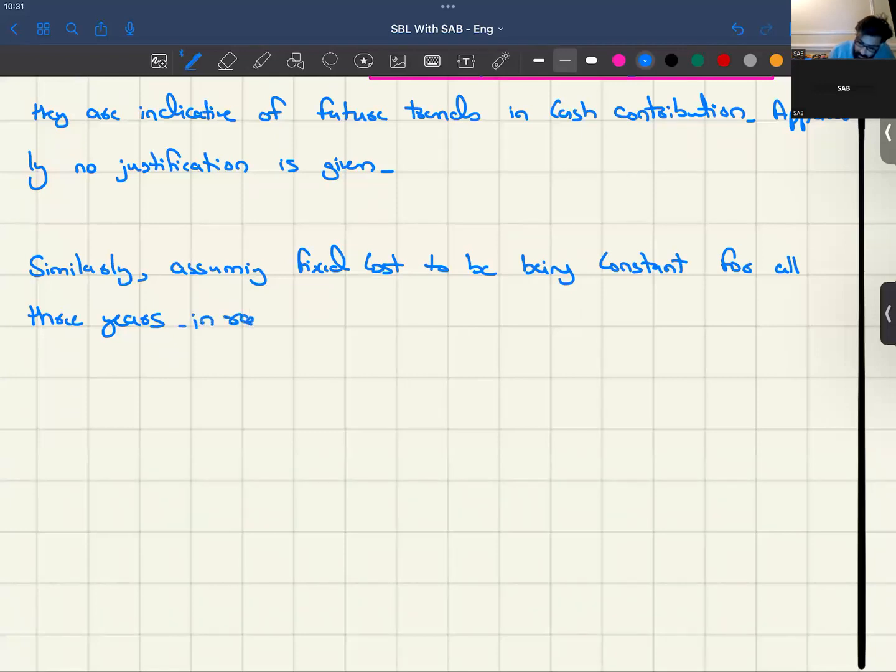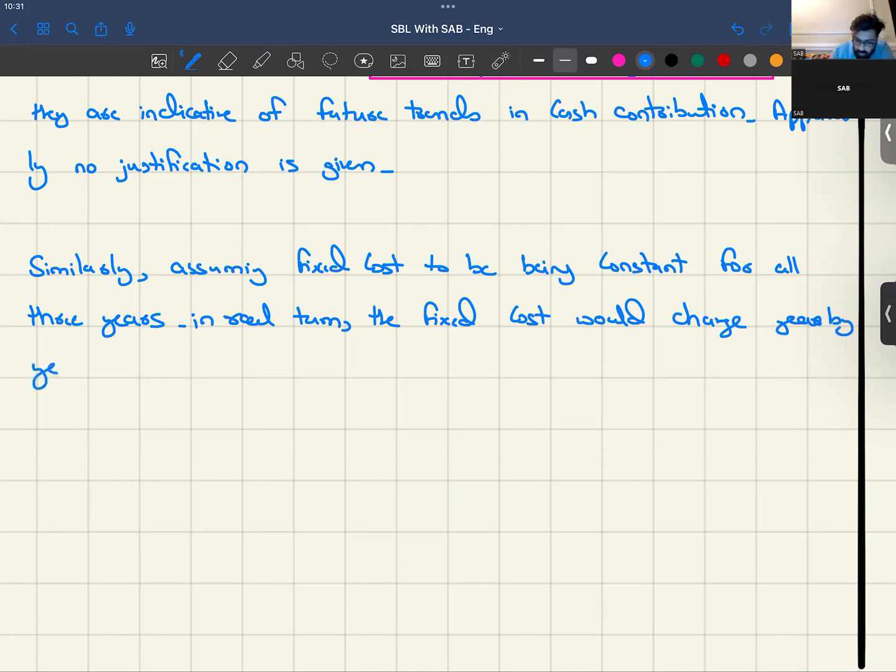In real terms, the fixed cost would change year by year. Now see the skepticism, the best skepticism, at the recommendation stage.